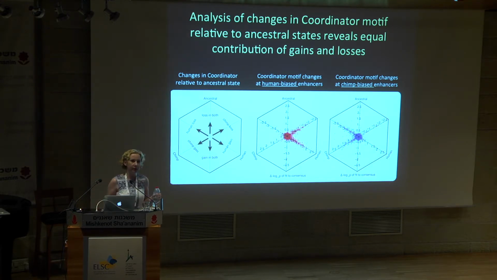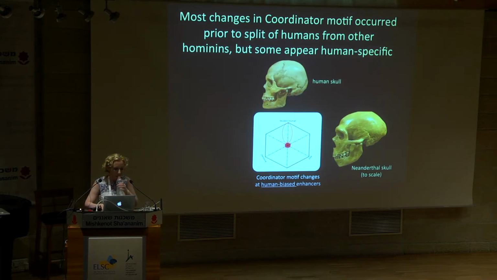So this really validates our discovery, but also shows that the change in enhancer activity is equally likely to arise from the gain or loss during recent evolution. So it's really fairly symmetric regarding gains and losses.